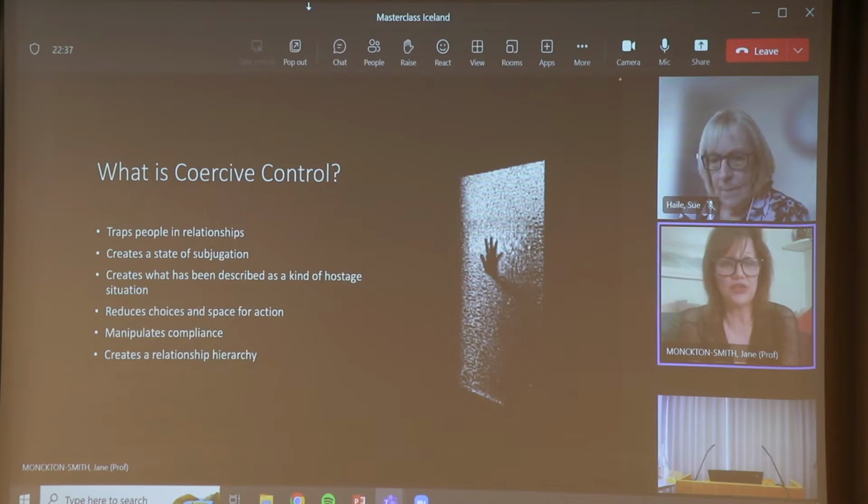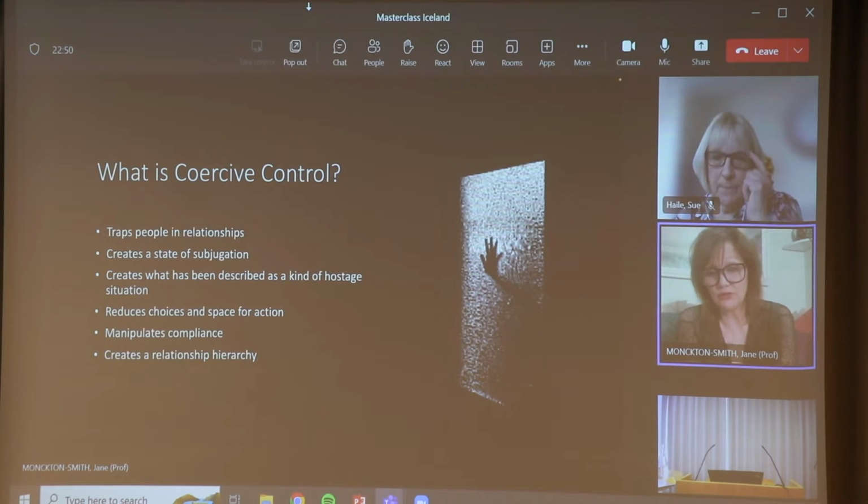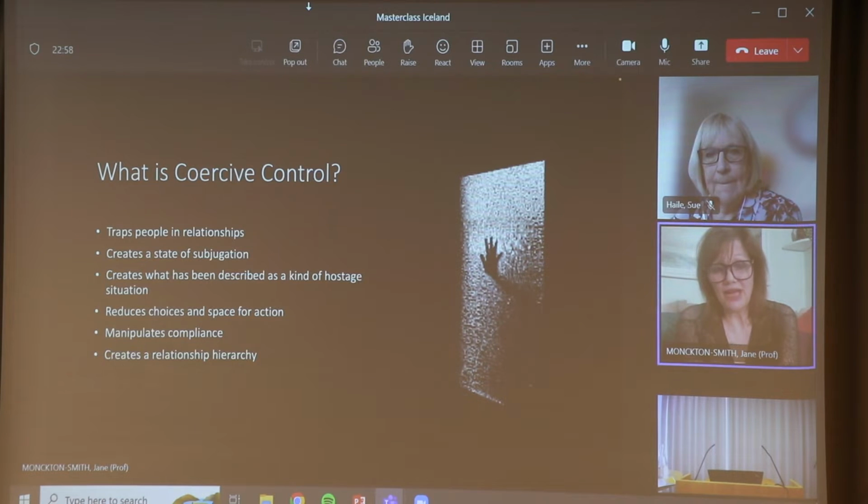So what is coercive control? We've just put some single line explanations there. I think the top one is really, really helpful for anybody trying to think about risk and think about control, and that is, it is a pattern of behaviour that traps people in relationships.